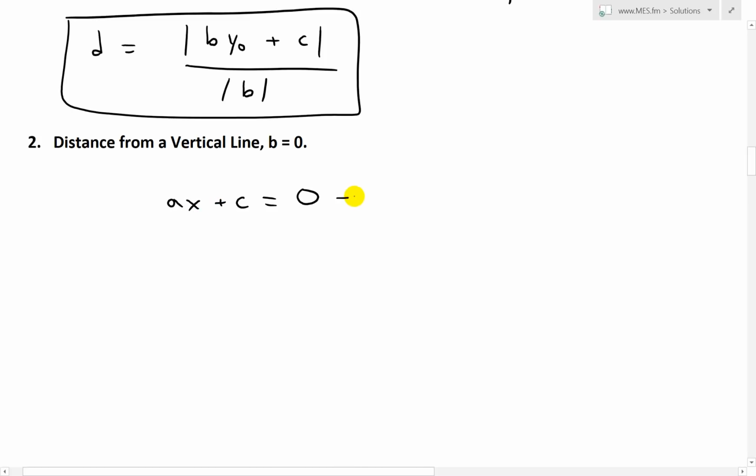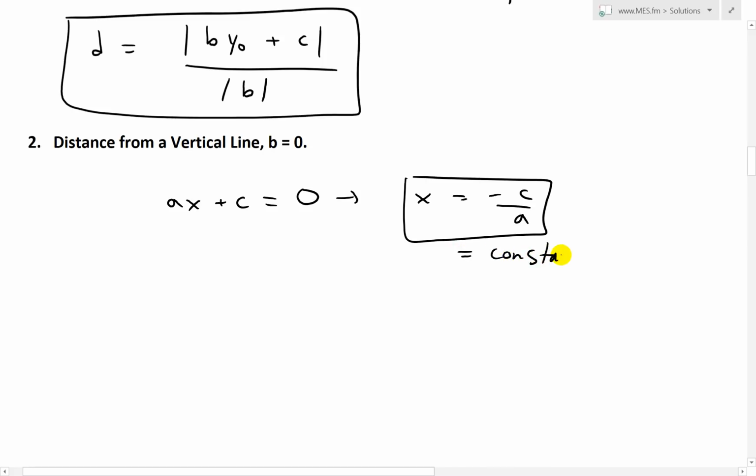Now when we rearrange this, the c goes on the other side, so we have x equals negative c over a. And again, just like the other one, this is constant.